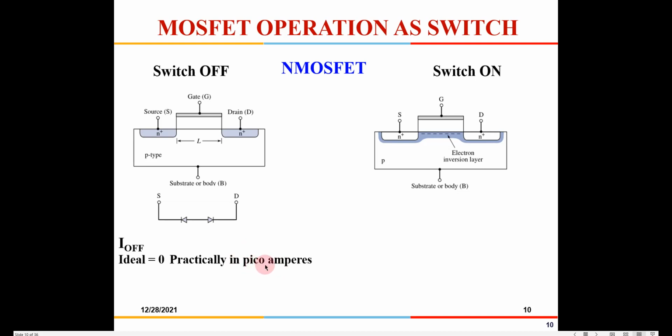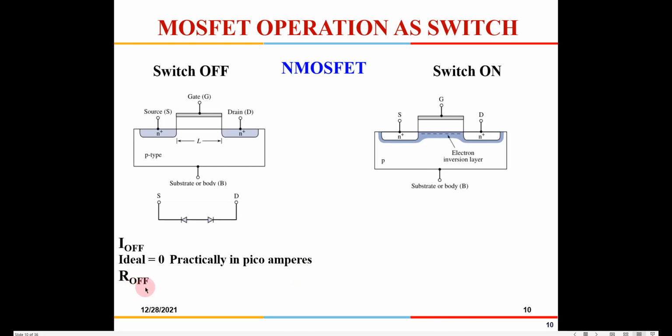If you multiply this pico by billions of transistors, the total current becomes pretty high, and that can result in heating of the chip. So even this picoamperes current we have to take care of, and we have to find ways and means to reduce it also.